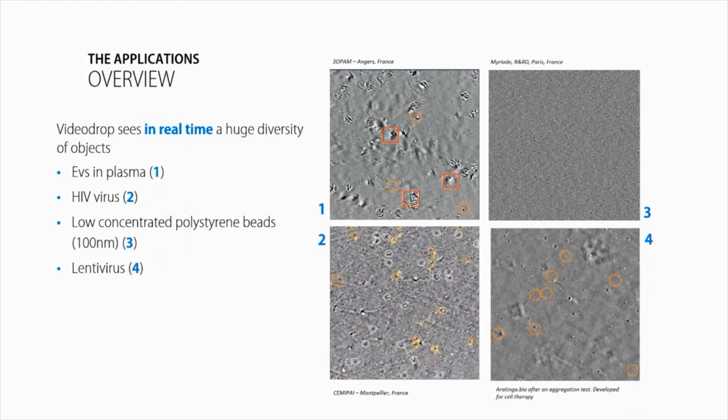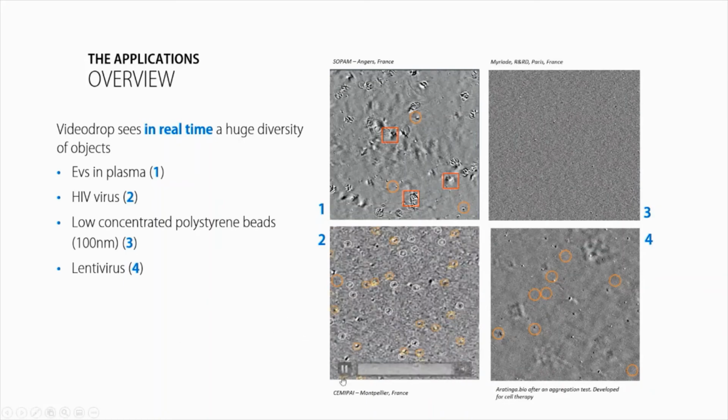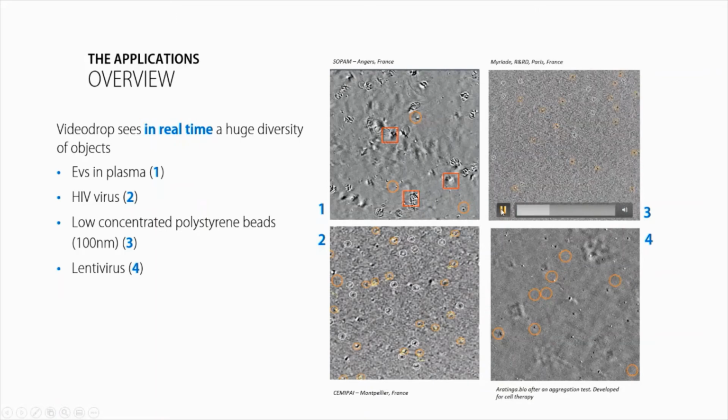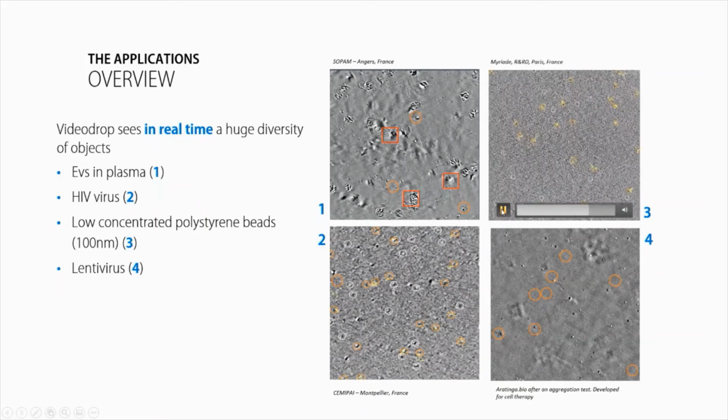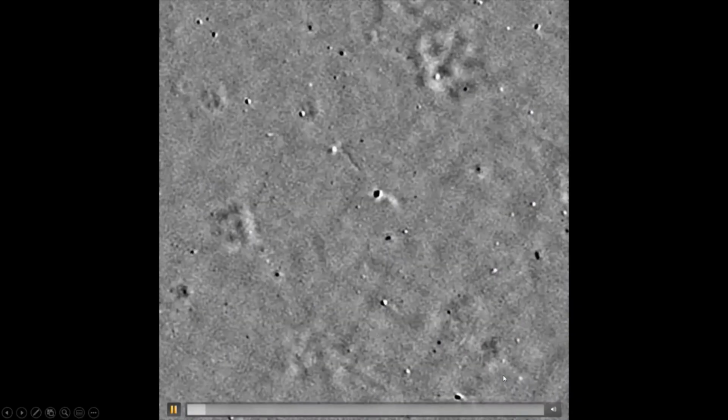The displacement is used to measure the size. In square 3, you can see low concentrated plastic nanobeads at 100 nanometers. It's typically the solution we use for our development in R&D. And in square 4, you have the image of lentiviruses.